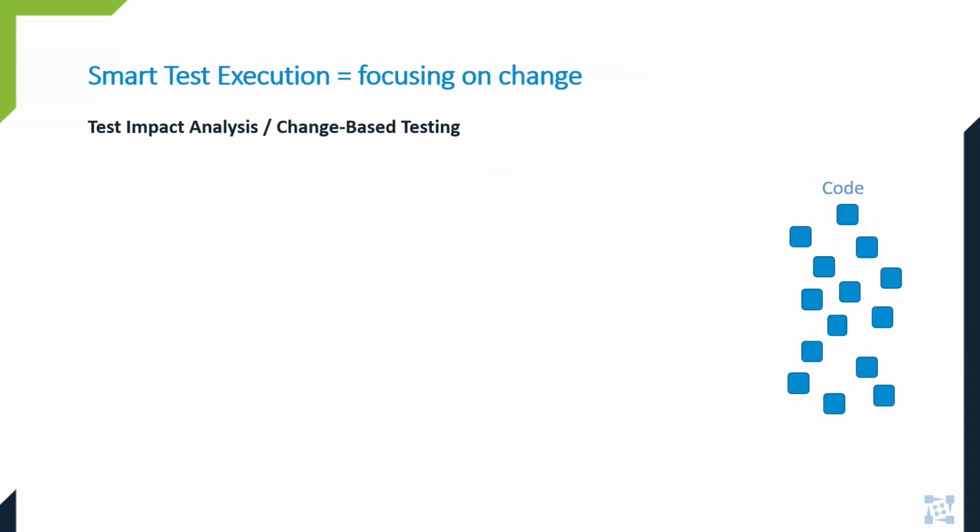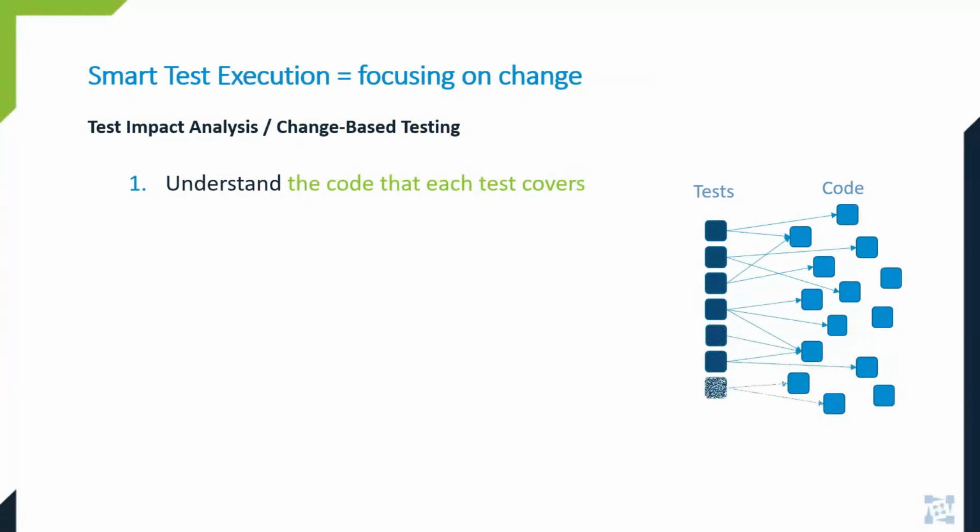How we can do that is with smart test execution. Looking at the code base, we are focusing on change. The code is being tested with unit tests, and the Parasoft platform can understand which test is covering which part of the code.